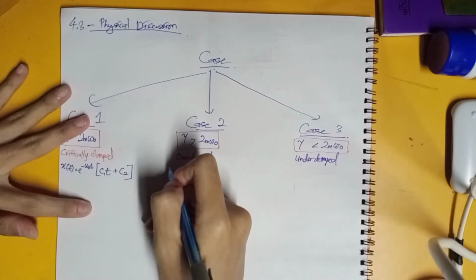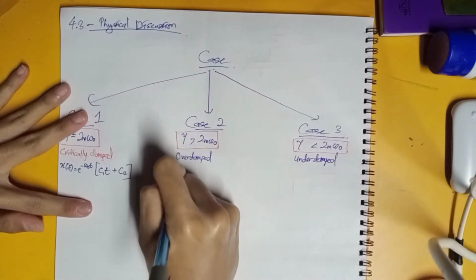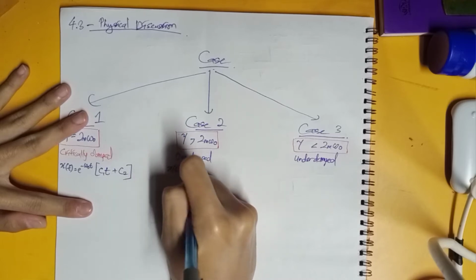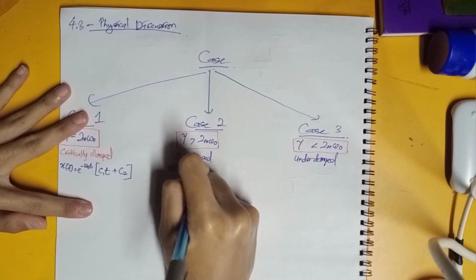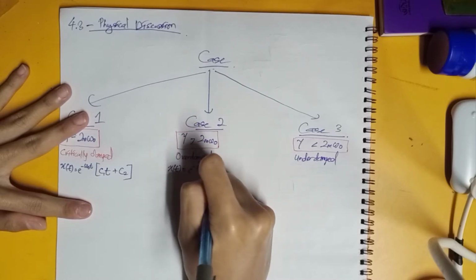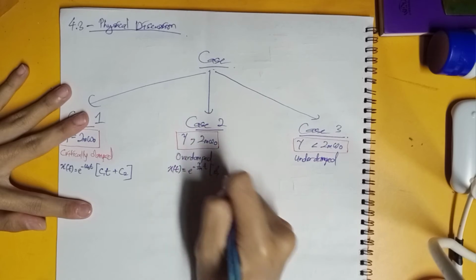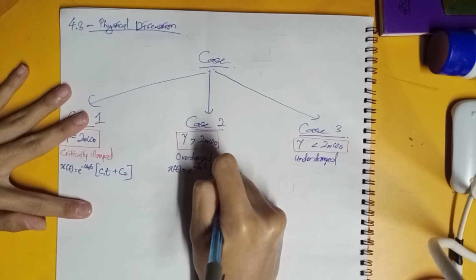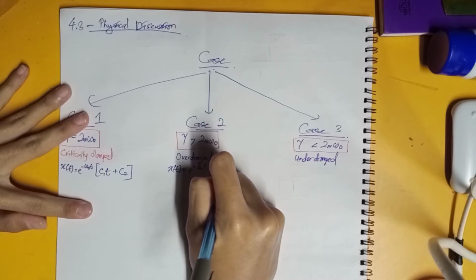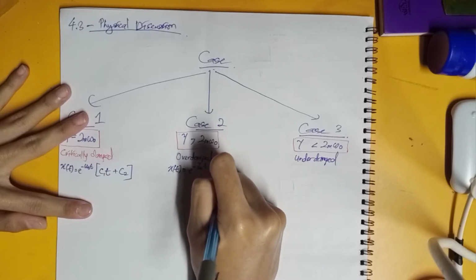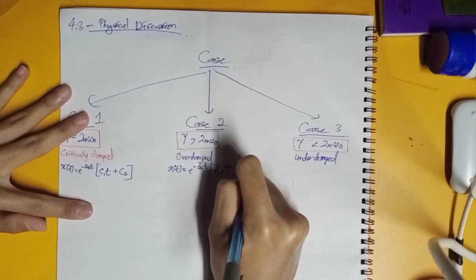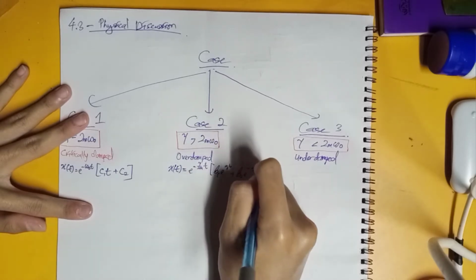And for the second one, x(t) equals exponential of negative γ over 2m times t, times (β₁ exponential of qt plus β₂ exponential of negative qt).